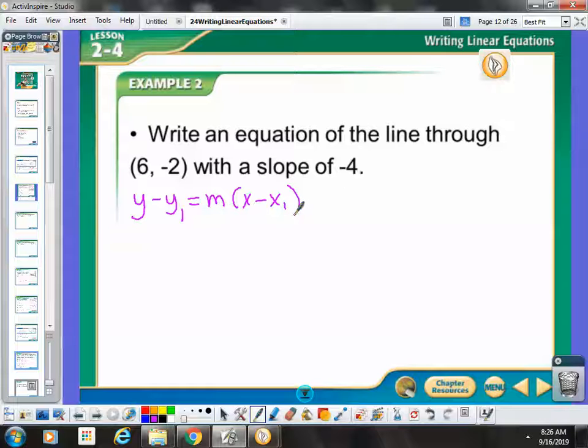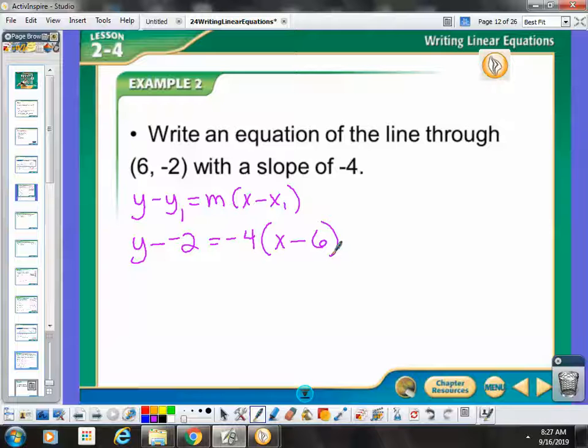They're our variables. So we have y minus, y sub 1 is from the ordered pair, -2, equals m, our slope, is -4, parentheses, remember x stays x, minus x sub 1 is 6.